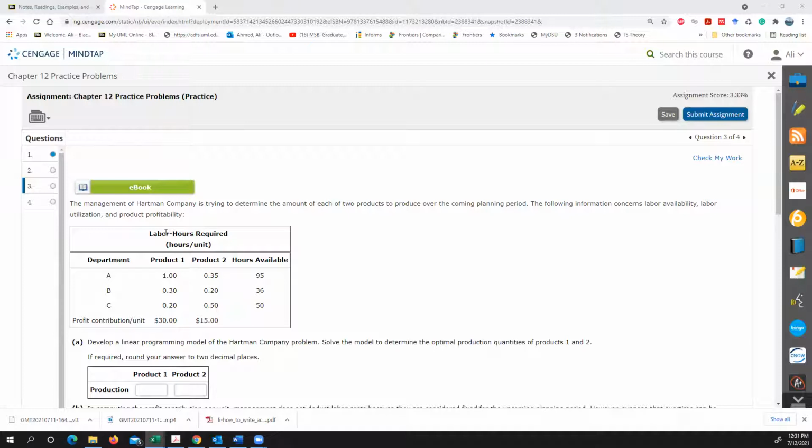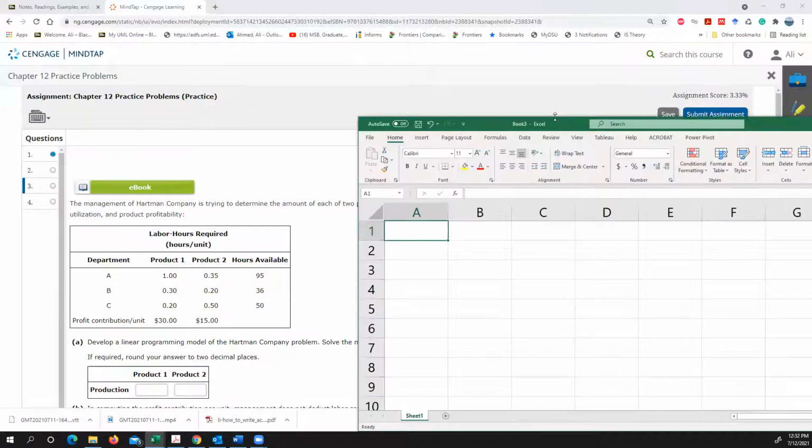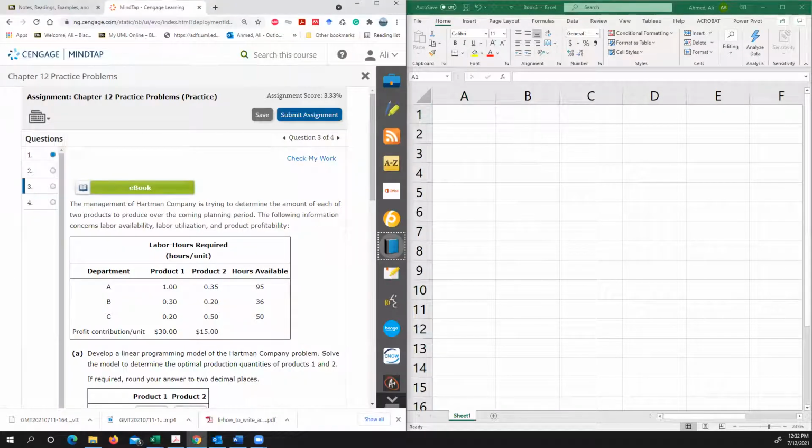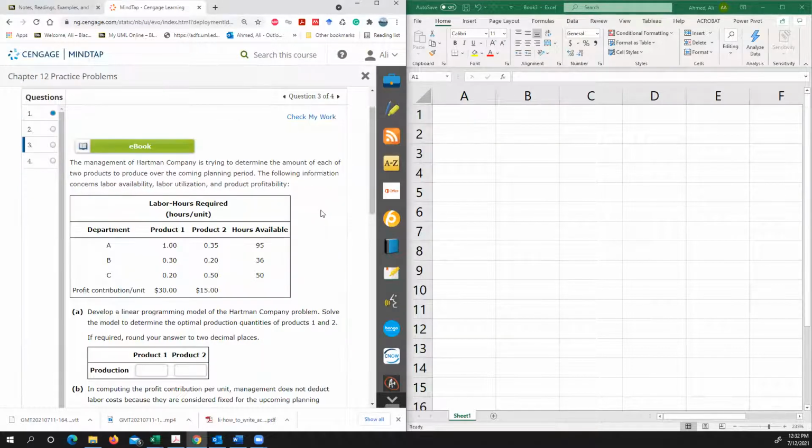Our goal is first to formulate the problem, write the objective function, write all the constraints, and then enter everything in Excel. Here I will show you how to formulate the problem, and then we can go into building it in Excel. So let's read the question first.